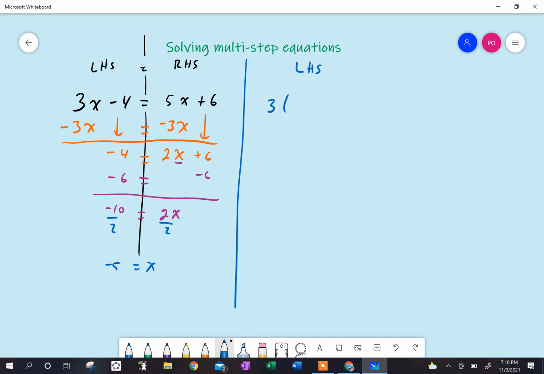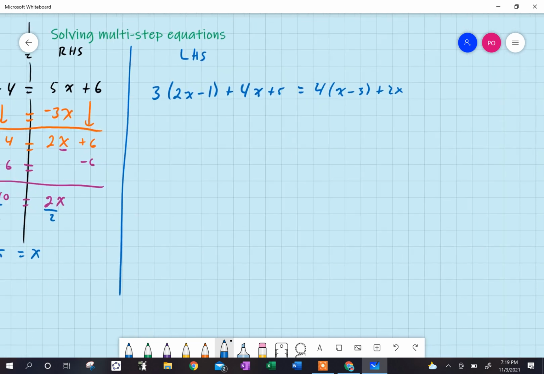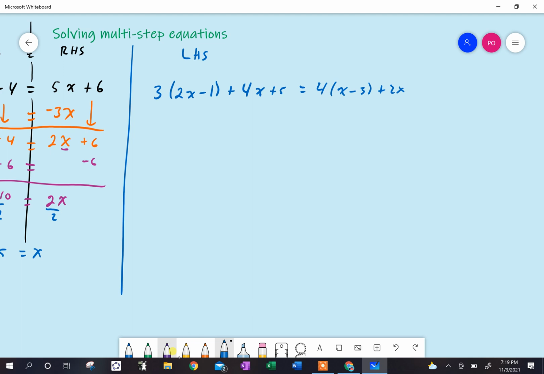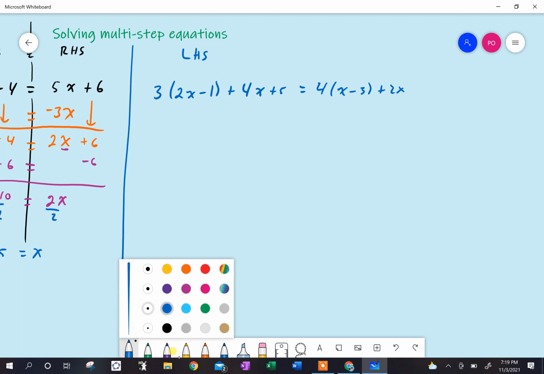So 3 times 2x minus 1 plus 4x plus 5 equals 4 times x minus 3 plus 2x. Now, this one looks bonkers, and to some degree it kind of is, but it's not that bad because you've learned all of this stuff before.